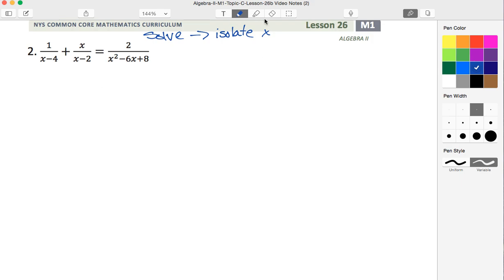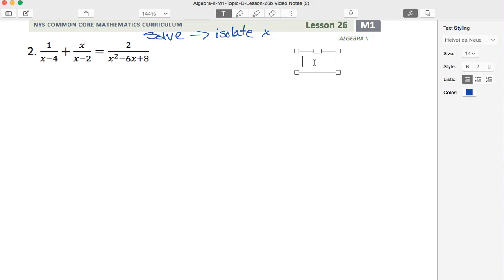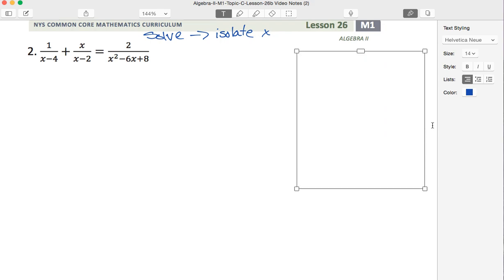So I'm actually going to do a little bit of writing so that you know the steps involved in solving. The first thing you are going to want to do is factor everything.